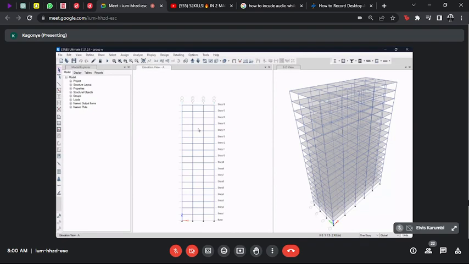So what we have done so far is applied the diaphragm and the loads. Okay, which loads have you applied? Live load and dead load. You have to apply the earthquake and the wind load on this model.